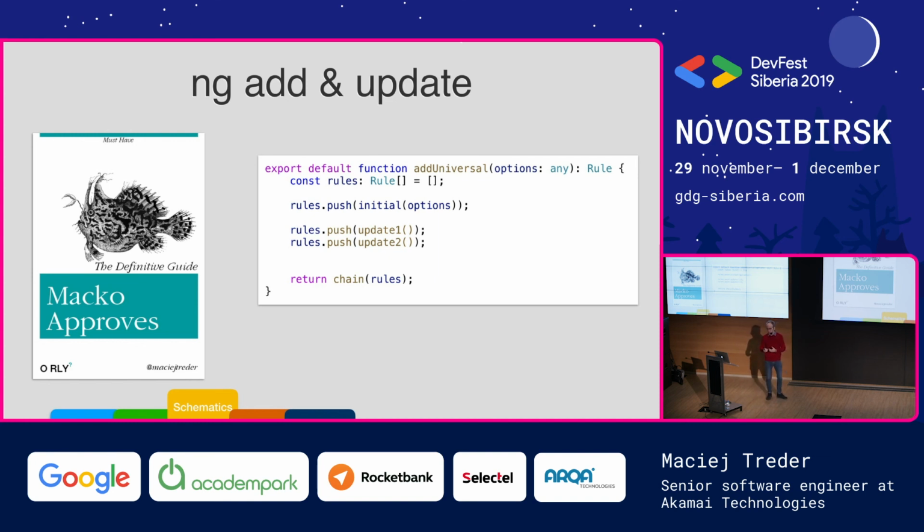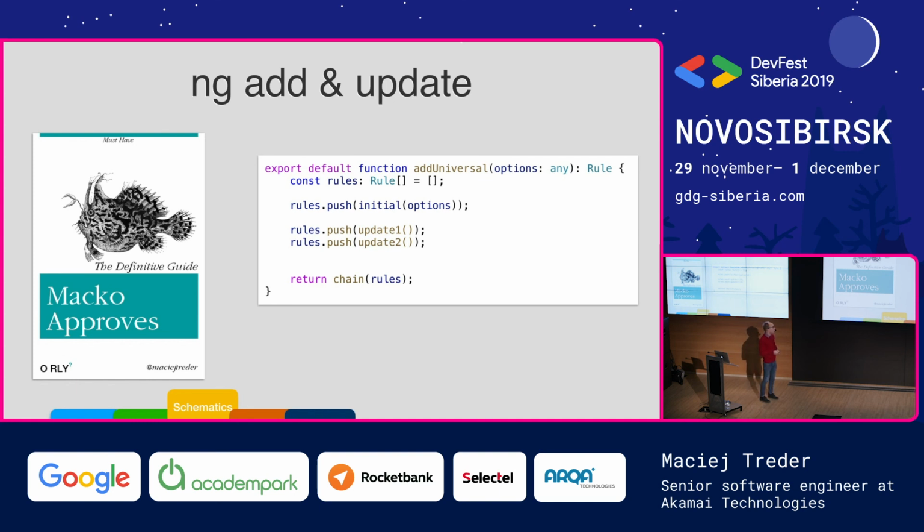All of the others, and this is why I strongly like the chain method, all of the other changes, all of the code fixes would be just chaining existing rule with the rules which are representing particular updates. Thanks to that, the code is much more maintainable.